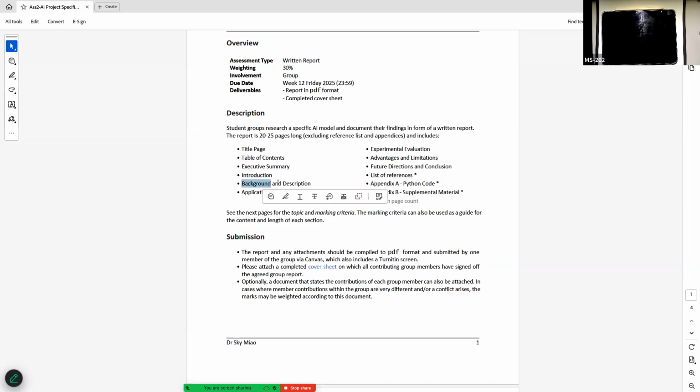The background description is actually the first part of your introduction, but the background in your introduction is a summary. But in these sections, you need to give more detail about these industries' problems, what they are, okay?